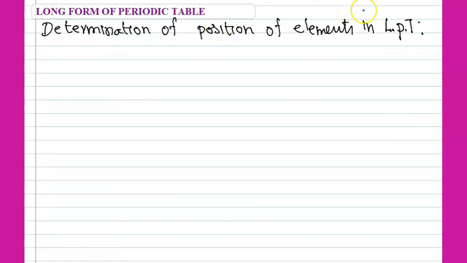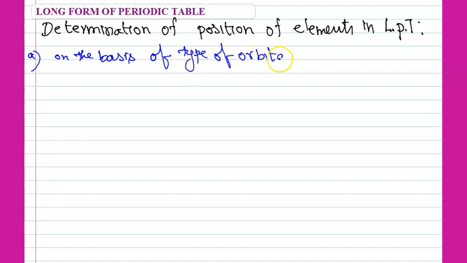Determination of position of elements in a long form of periodic table, LPT. First is the block of element. How to find out block of elements? On the basis of type of orbital in which the last electron enters, that is the block.